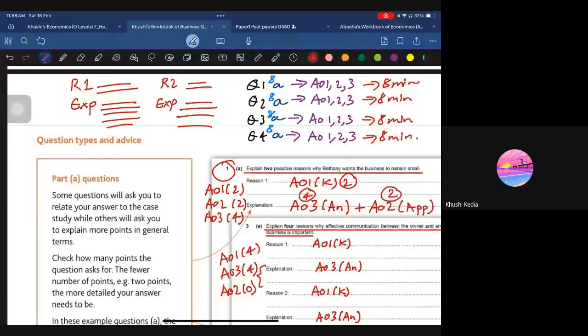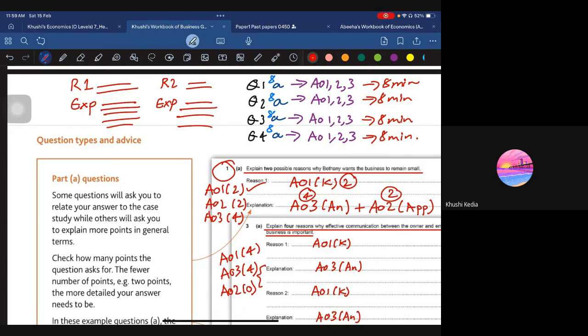They usually say that there is 1 mark for each reason, whether it is the reason, the objective, the factor, the advantage, the disadvantage. So they are going to say 1 mark for each advantage or disadvantage or objective or reason, and the max will be two.